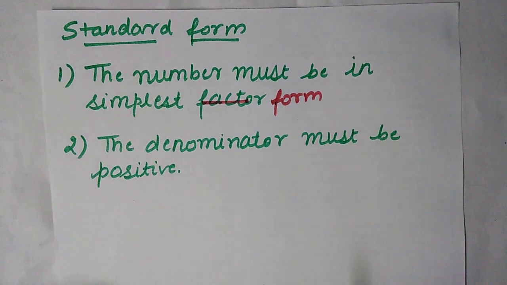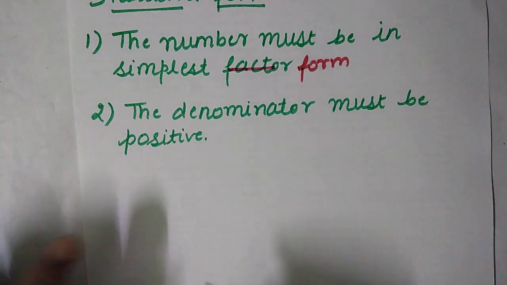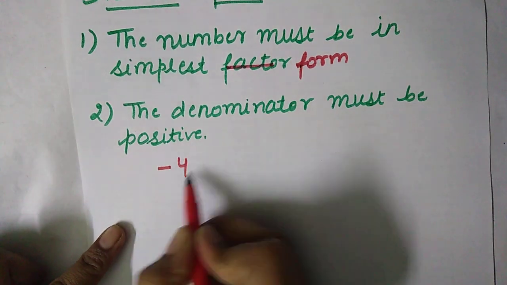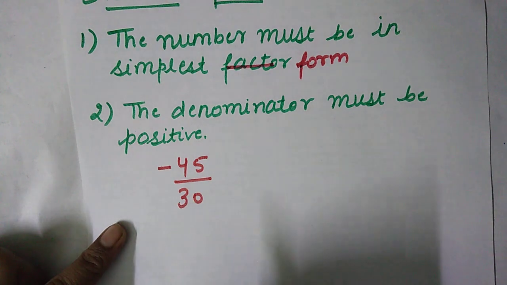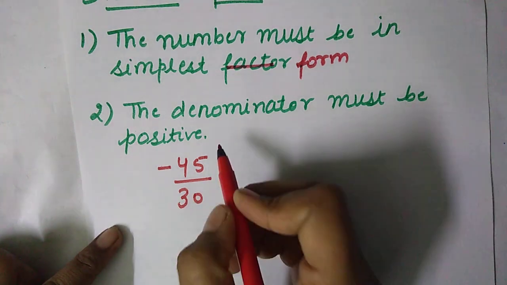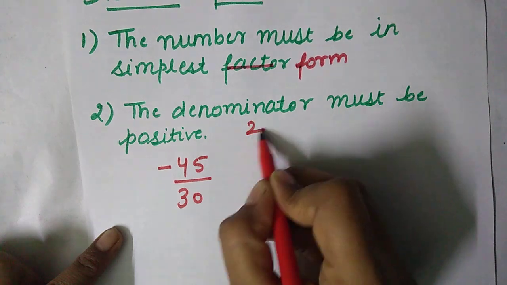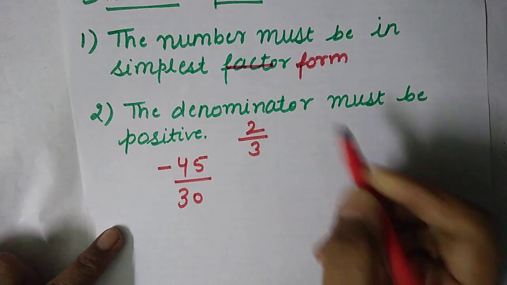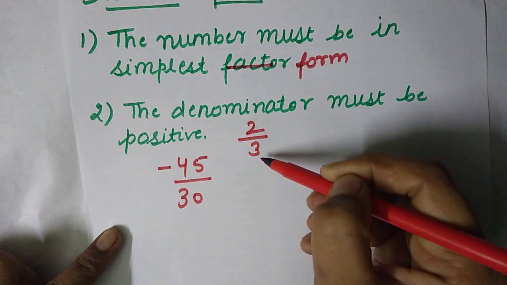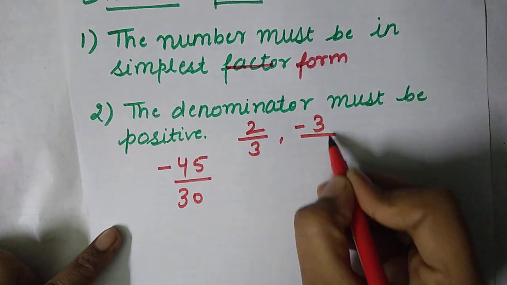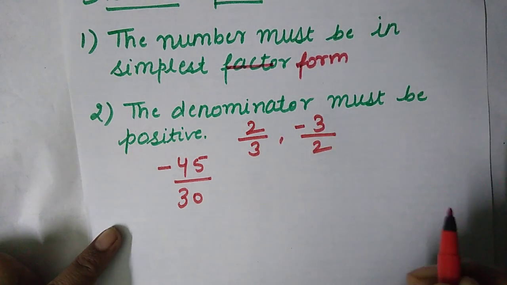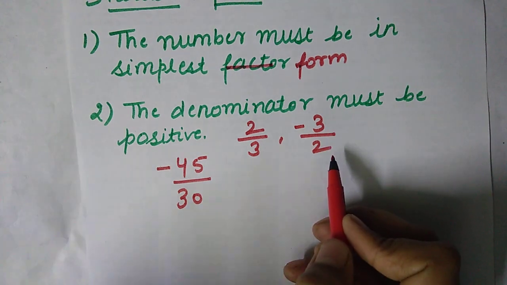Let me give you some examples of numbers in standard form. This is a rational number in standard form because it is in simplest form and the denominator is positive. Minus 3 by 2 is also a rational number in standard form.